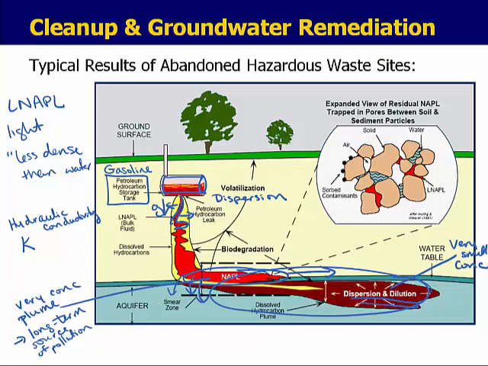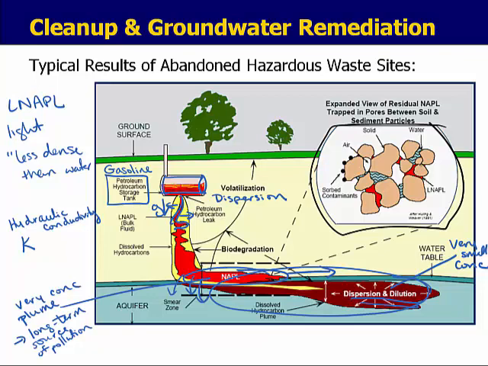Now the insert here is trying to show you what is happening at a microscale. So at a microscale, you have soil particles, water, and trapped air that might be present. And then you have your sorbed contaminant, or your NAPL liquid. And what this is trying to show you is that at a microscale, there is entrapment of liquid between the pores.